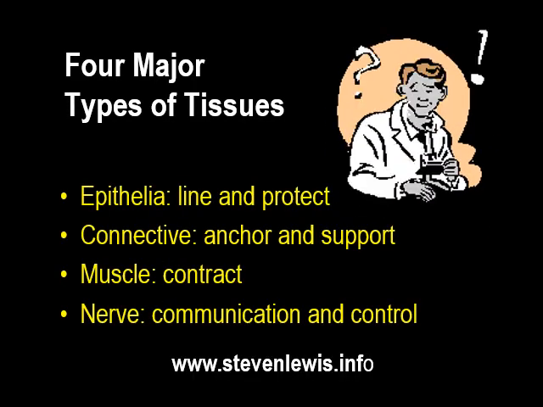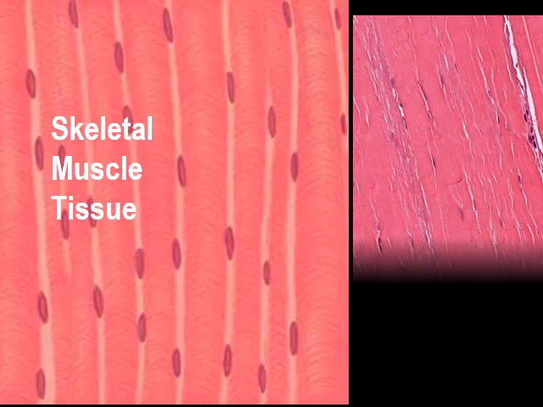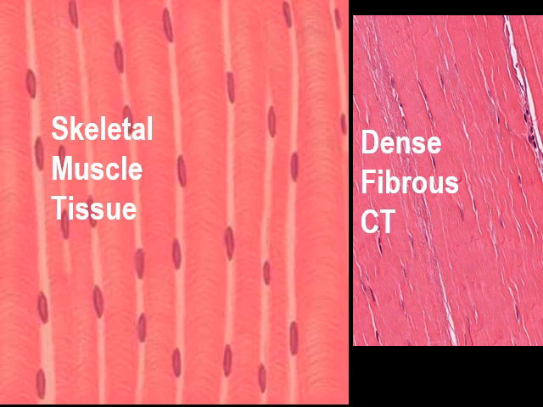Now let's look briefly at the other two kinds of tissues, muscle tissue and nervous tissue. Muscle tissue is specialized for contraction and comes in three major types: skeletal, cardiac, and smooth. Here you're looking at skeletal muscle tissue, which is the dominant tissue within the skeletal muscles of the body.